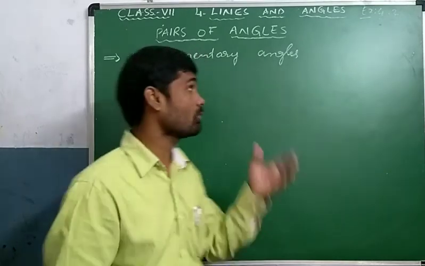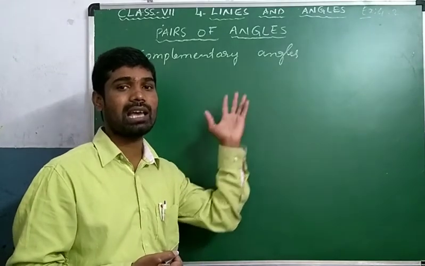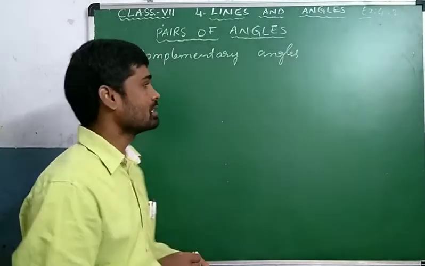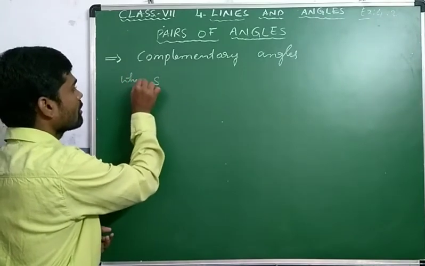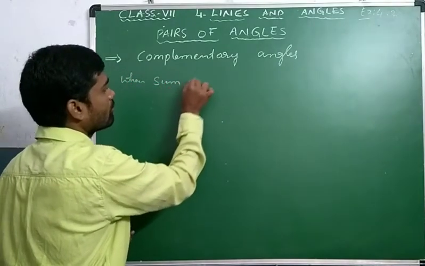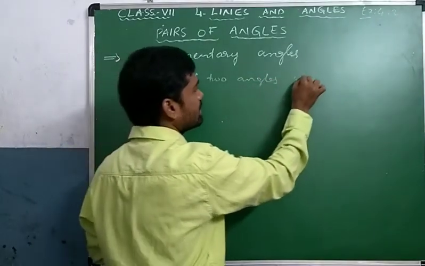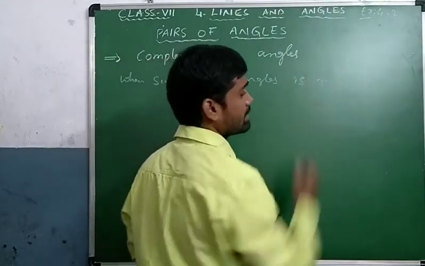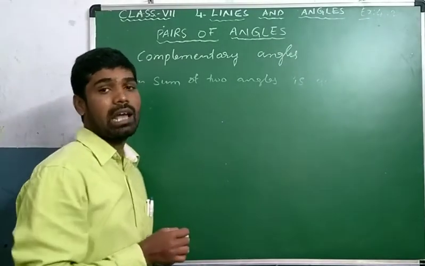Okay, so let us see what a complementary angle is. When do we call angles complementary angles? When the sum of two angles is 90 degrees, then those two angles are called complementary angles.